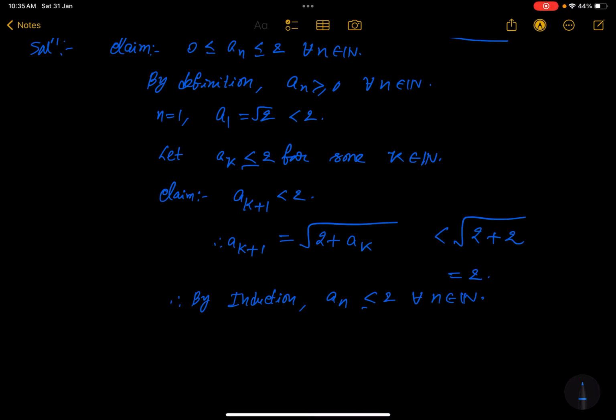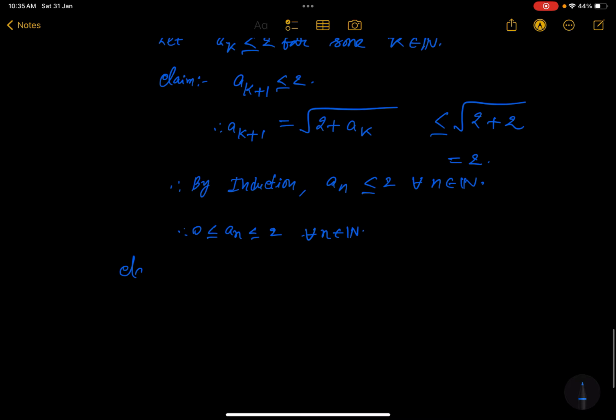And suppose this is less than or equal to, yes, less than or equal to. So 0 is less than or equal to a_n, which is less than or equal to 2 for every n belongs to N. Okay, now we have a bounded sequence, right? Now we try to check that a_n is also monotonically increasing.